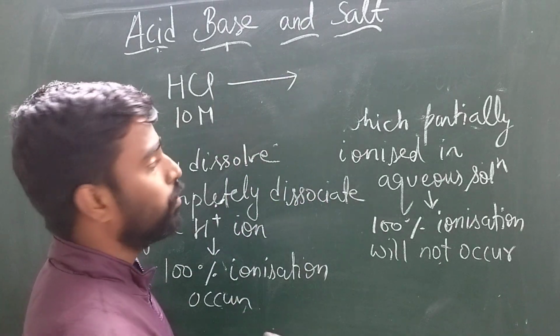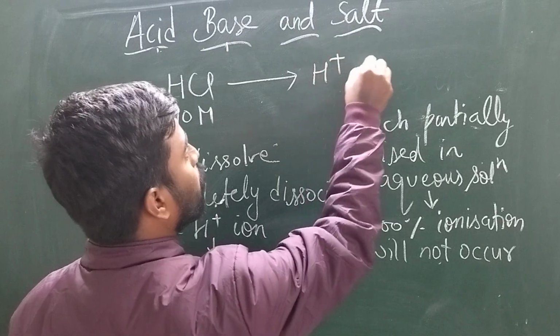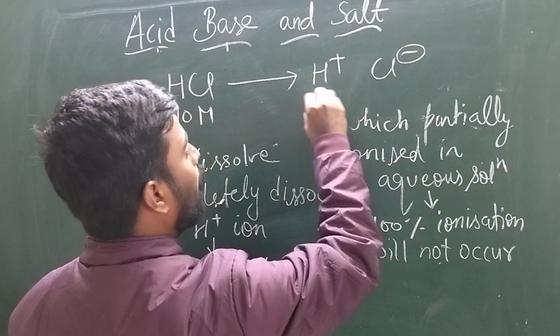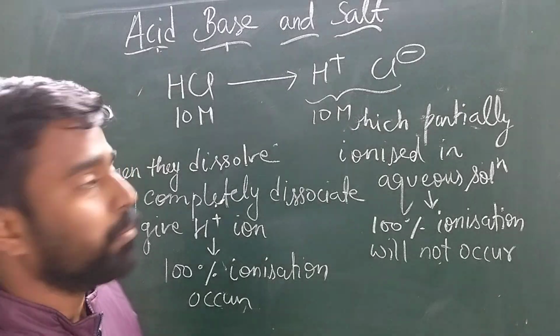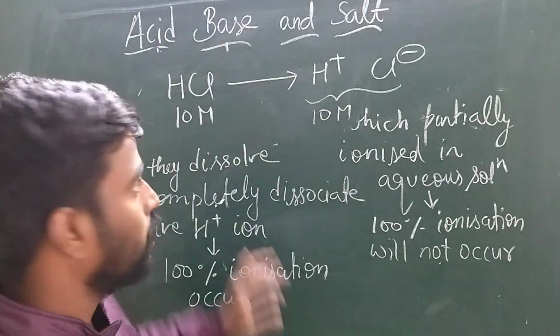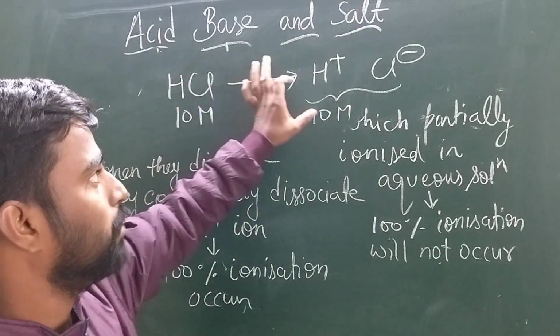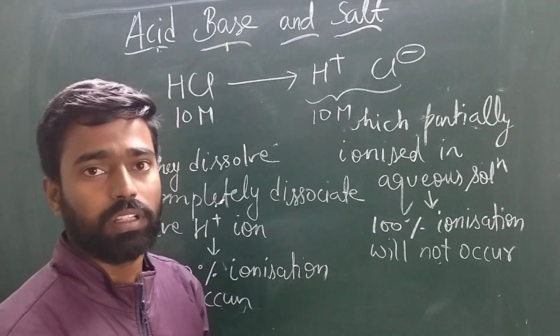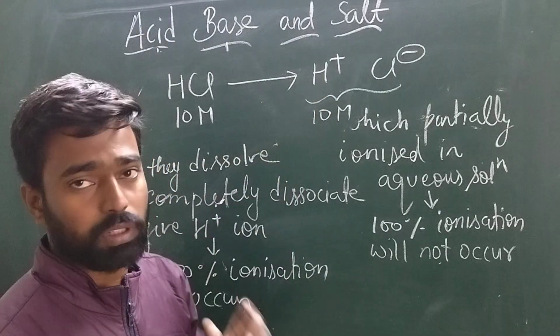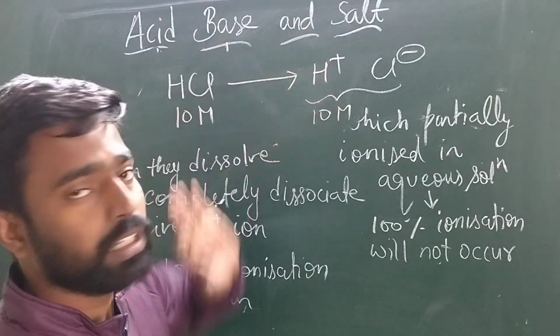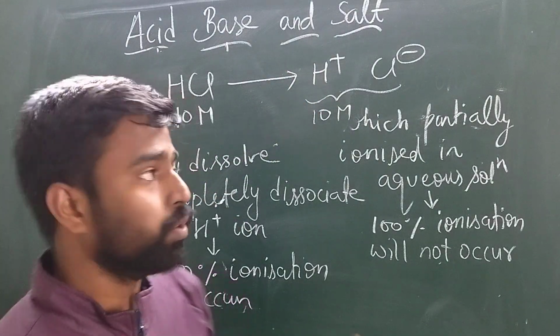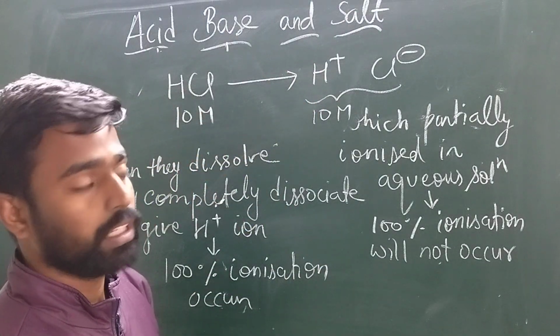When it is dissolved in water it gives H plus and Cl minus, and each has 10 molar. The concentration of HCl is 10 molar and the concentration of hydrogen ion is also 10 molar. It means 100% of hydrogen is ionized in the aqueous solution. So it is called a strong acid.